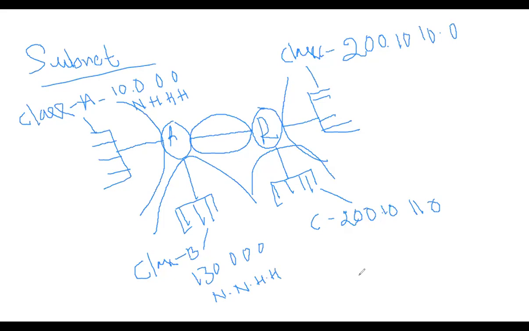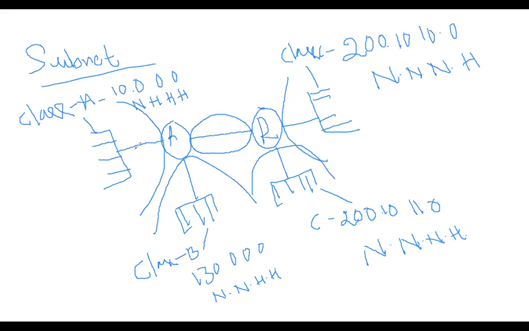Very, very important point. For class C, 3 octets are reserved for network and 1 octet is reserved for host.